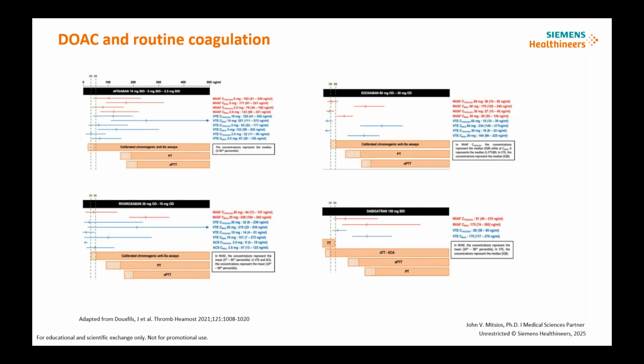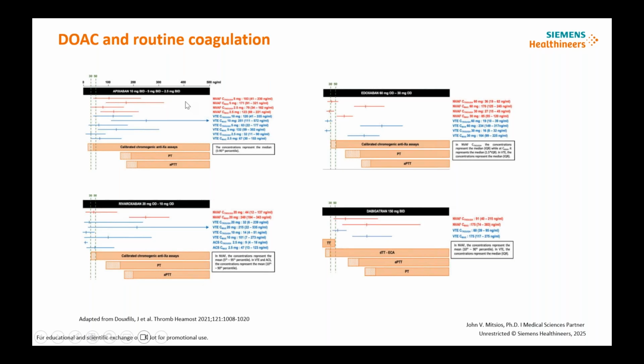This is a kind of a busy slide, and you'll see a lot of numbers here. And this is where it becomes the tricky part. Depending on the clinical indication, for example, let's just focus in on apixaban, irrespective of which dose is being given. What you can see here is if it's given for non-valvular atrial fibrillation, there are different peak and trough concentrations, broad variability.